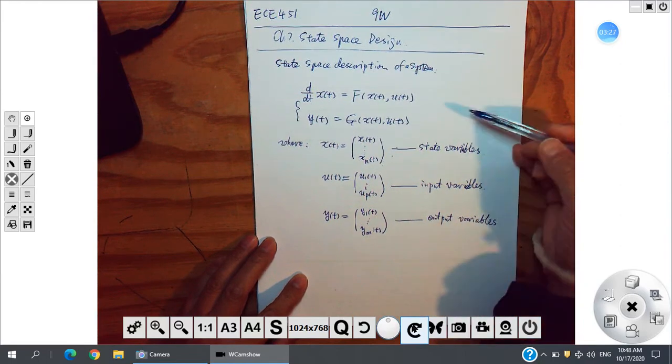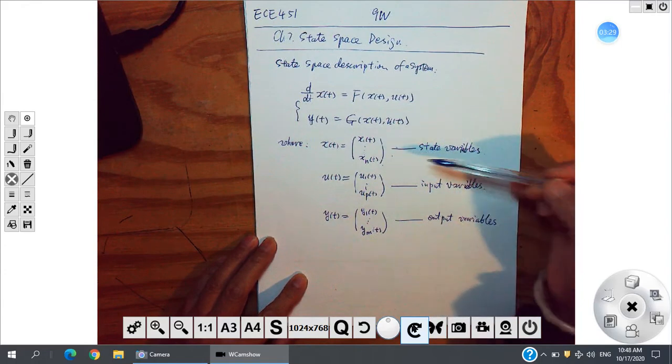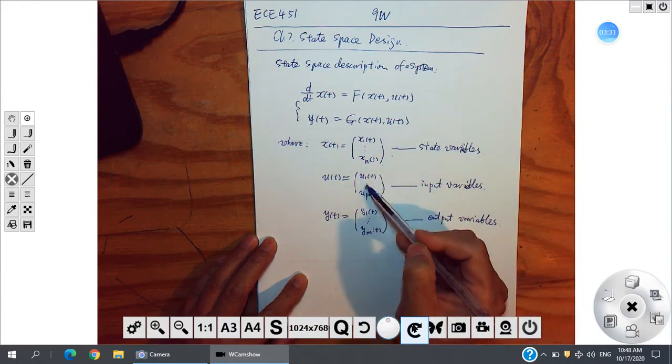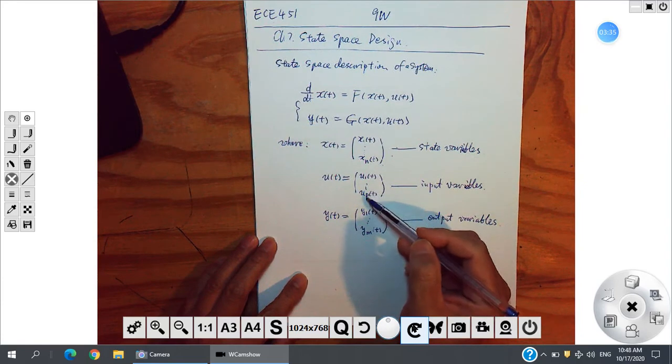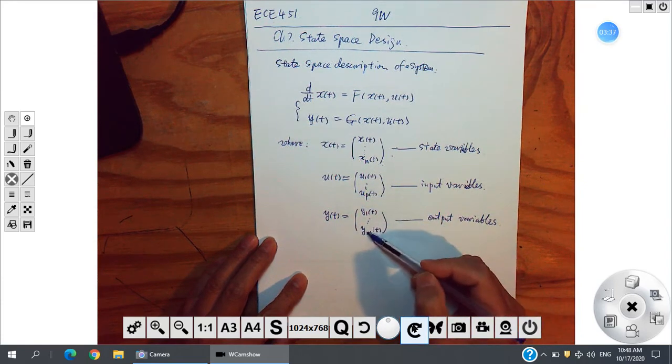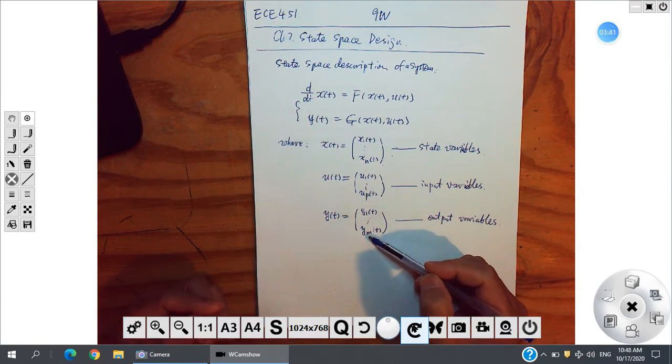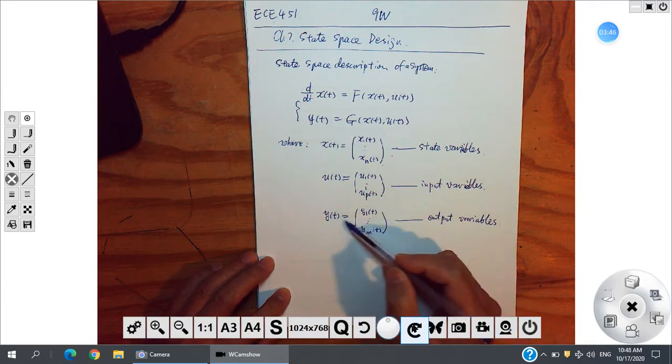So in general, the system has p inputs, maybe one input, maybe multiple inputs, and m outputs. If m is 1, then you have only one output. Maybe m is larger than 1, then you have multiple outputs.